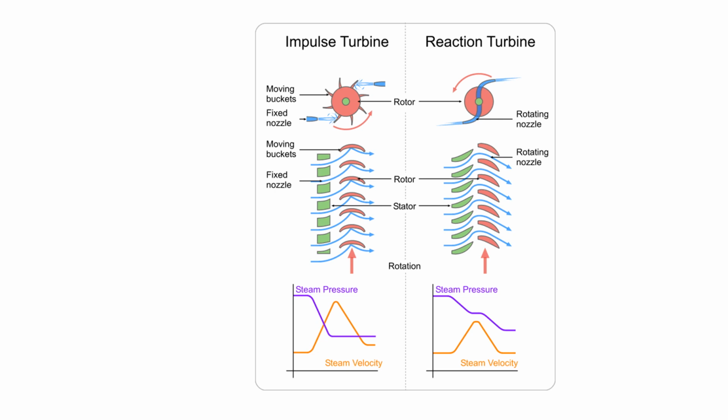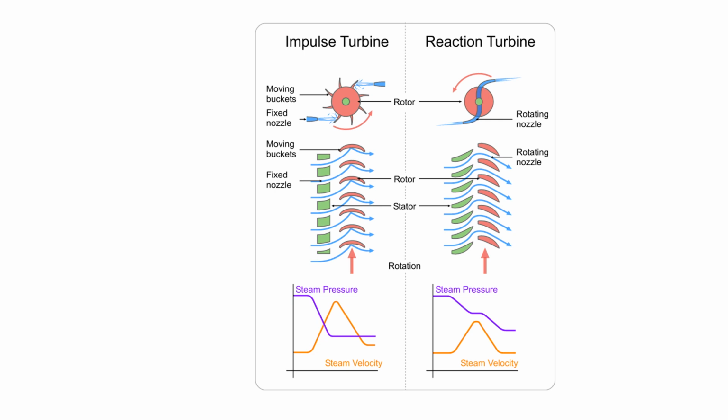So when you look at these moving buckets and fixed nozzles, see how the steam is flowing. High pressure steam is reduced to low pressure steam. At the same time, the velocity increases when it impinges on the moving buckets. After that, velocity is reduced.